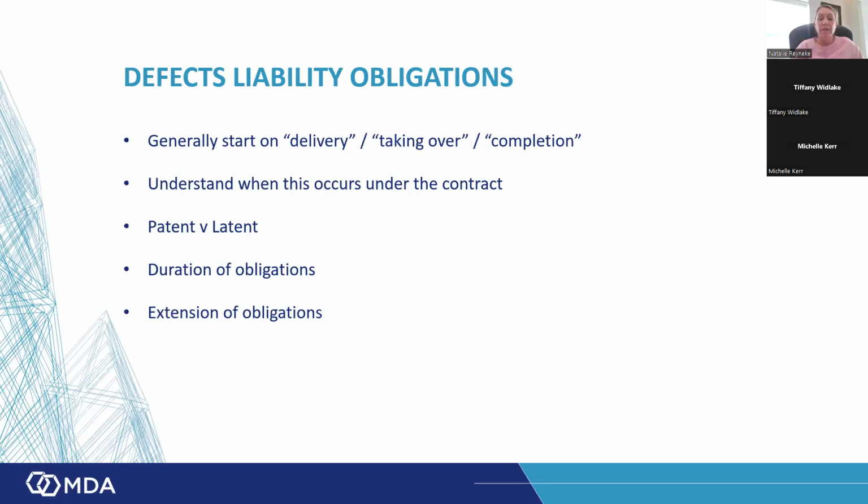And the extension is based on the time that the works could not be used. So you sometimes see that clause adjusted as well. They change the maximum 2-year extension period to a 5-year extension period. So the contractor knows that he has these defects liability obligations potentially for 5 years after he's achieved taking over of the works. So yes, that's defects liability obligations.